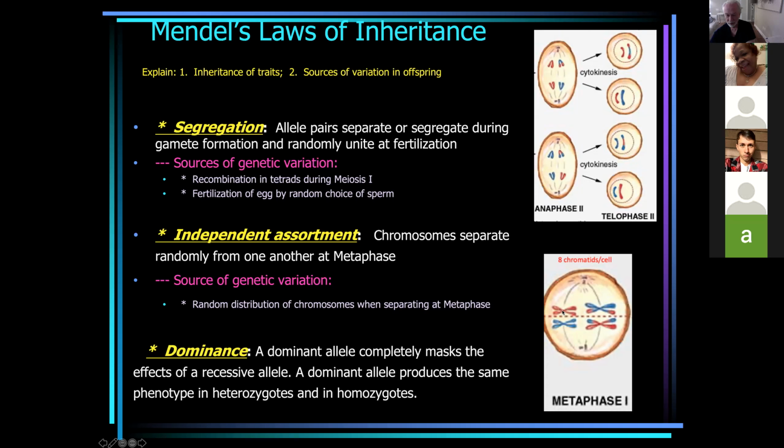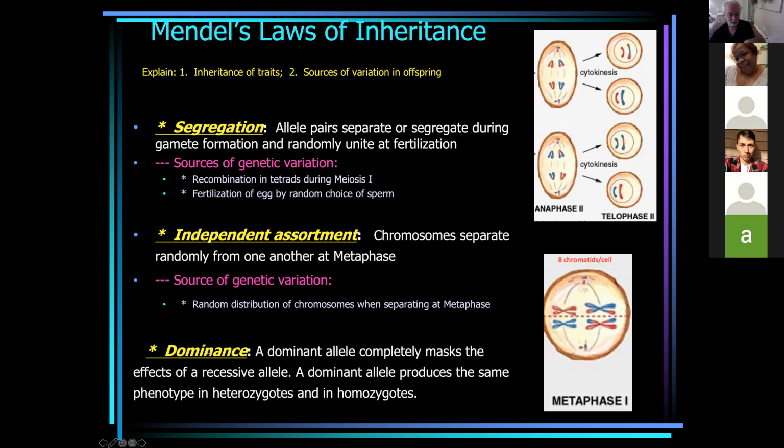So this red chromosome could go to the top or it could go to the bottom. And that is entirely random. Similarly, this recombinant chromosome, a blue-red chromosome, it can go either to the top or to the bottom. So this is another source of genetic variation, and because it's entirely random, it's called independent.